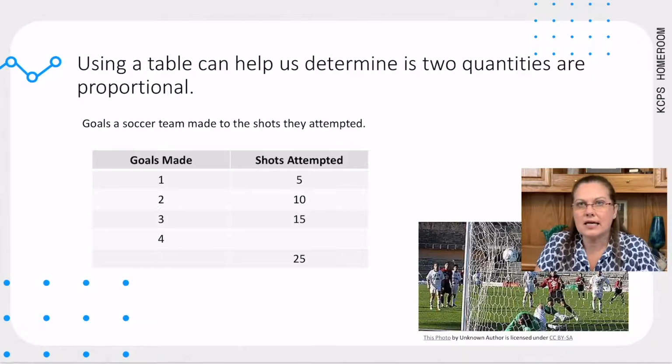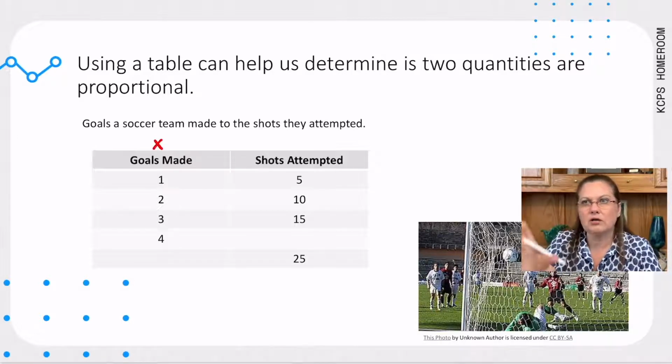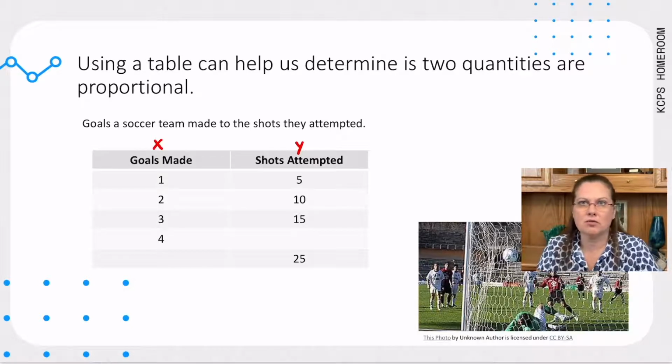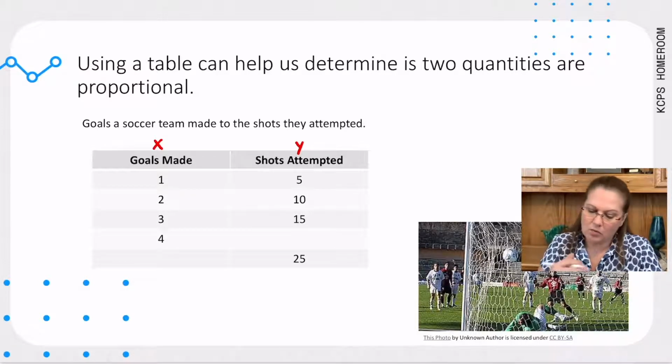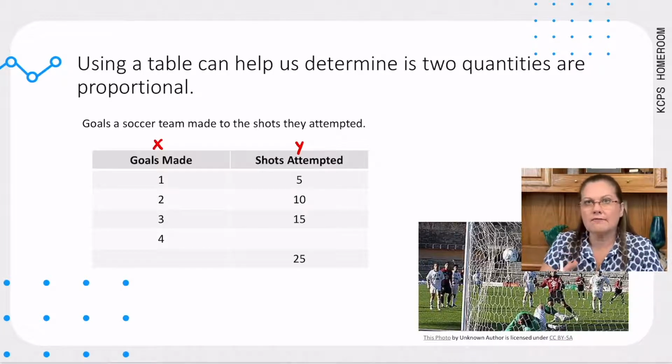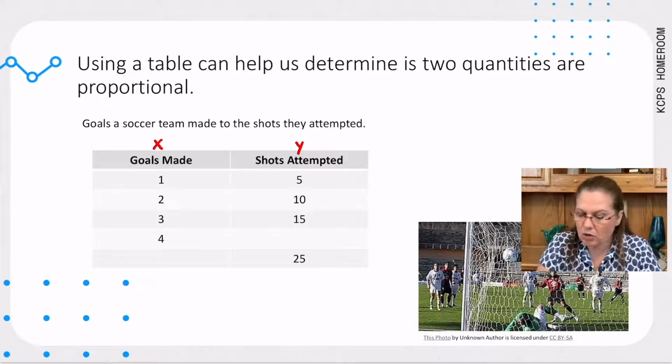When you have a table going vertically, x is always on the left, y is always on the right. We always want to say our y value to our x value, so we're going to look for shots to goals.